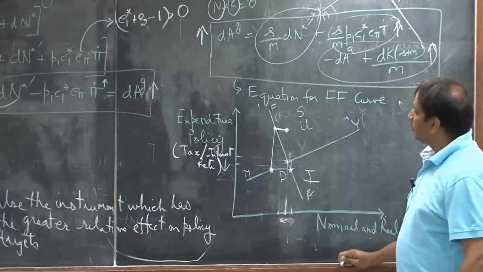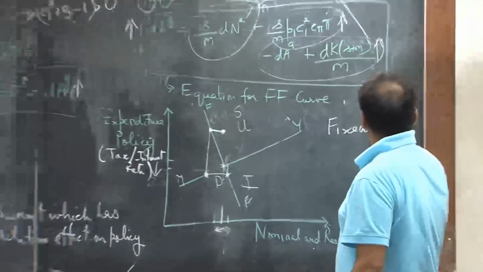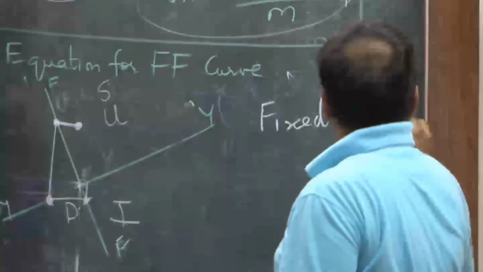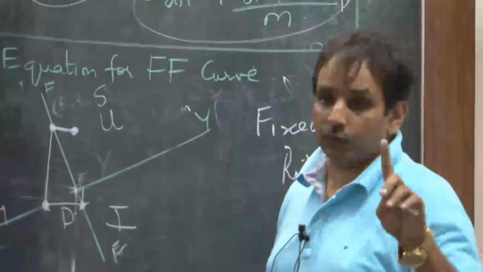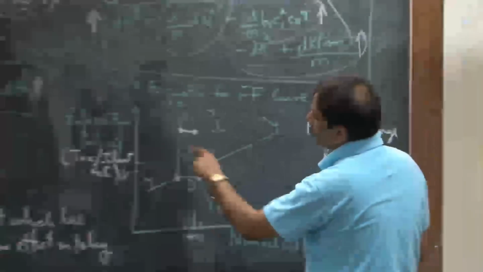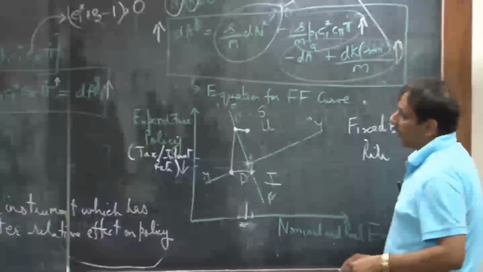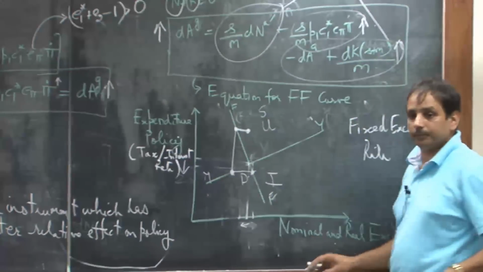Okay? So this is a case when you have a fixed exchange rate. The instruments are stable because by changing their values, you are able to move to an equilibrium.